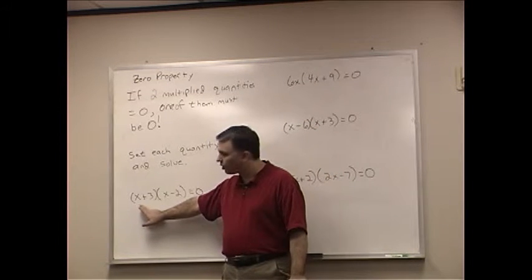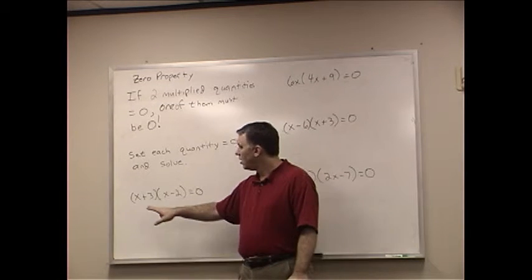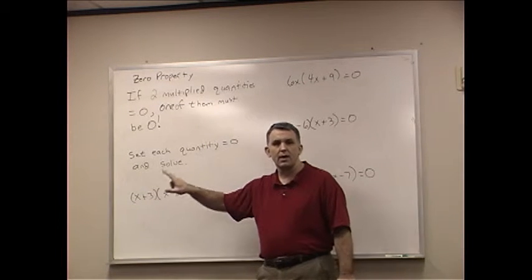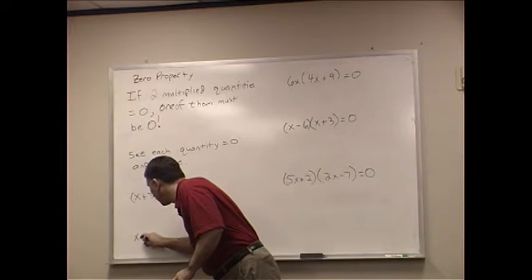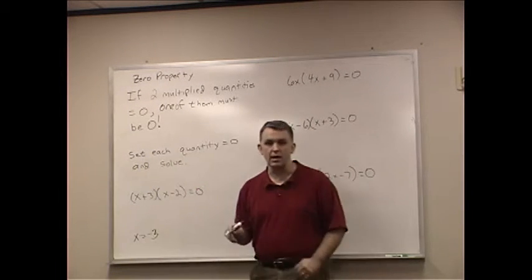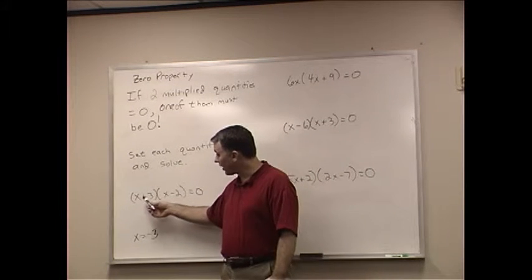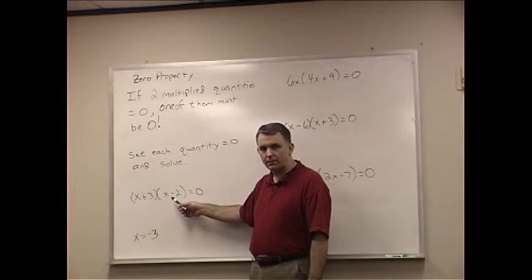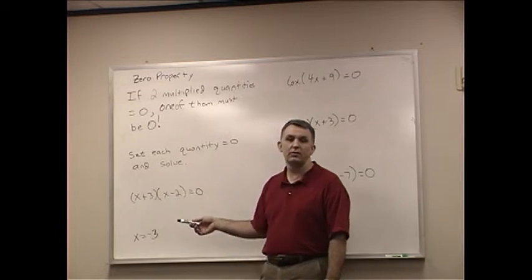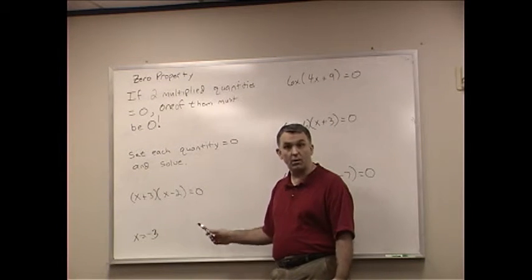What value could we put into the first part to make it equal 0? Well, what number plus 3? Hopefully you would say negative 3. x is equal to negative 3. And so that would give me 0 here. And if you put negative 3 in for x here, negative 3 minus 2, that's negative 5. 0 times negative 5 is 0.